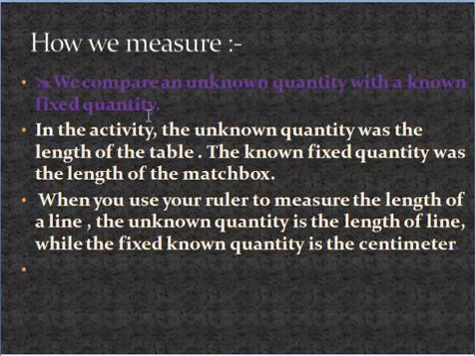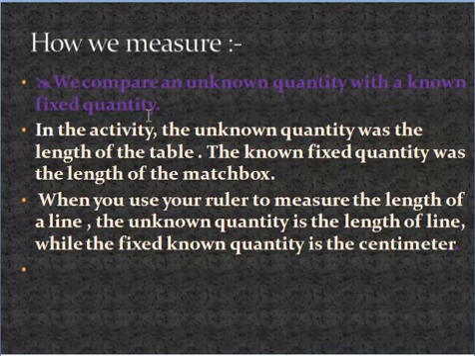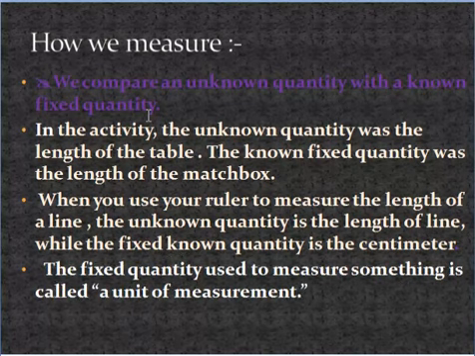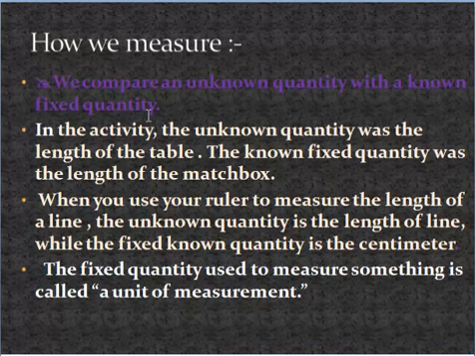When you use your ruler to measure the length of a line, the unknown quantity is the length of the line while the fixed quantity is the centimeter. The fixed quantity used to measure something is called a unit of measurement. It is the most important definition.